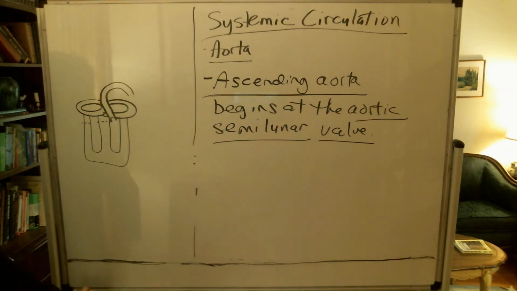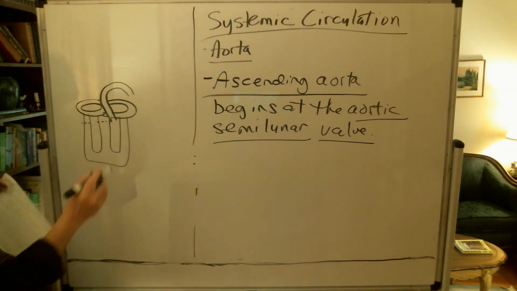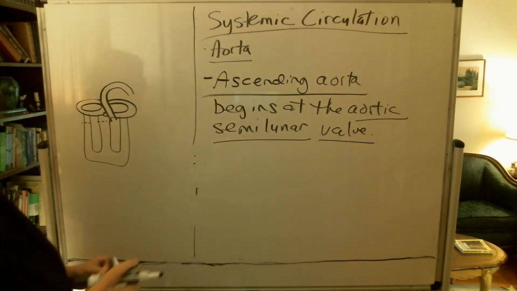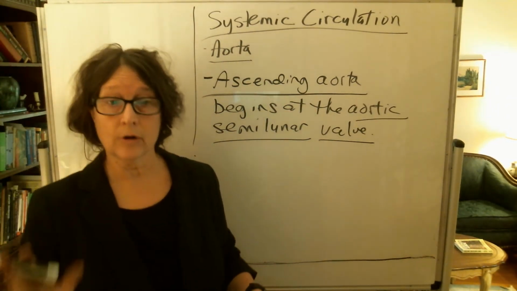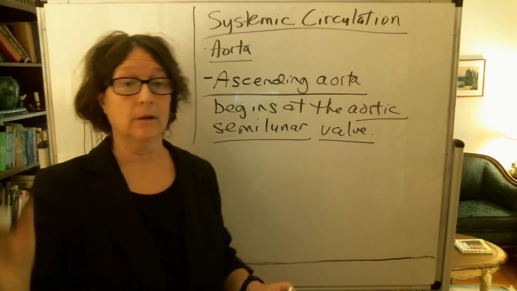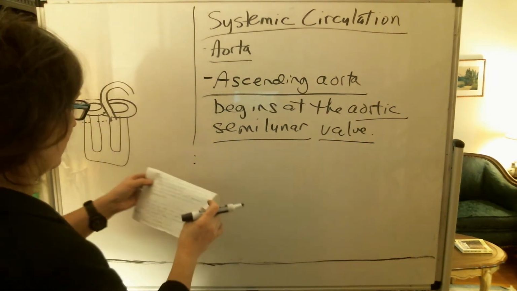So we have the ascending aorta coming out of the aortic semilunar valve there. It's called the ascending aorta because the blood is going uphill. The blood is going against gravity here.